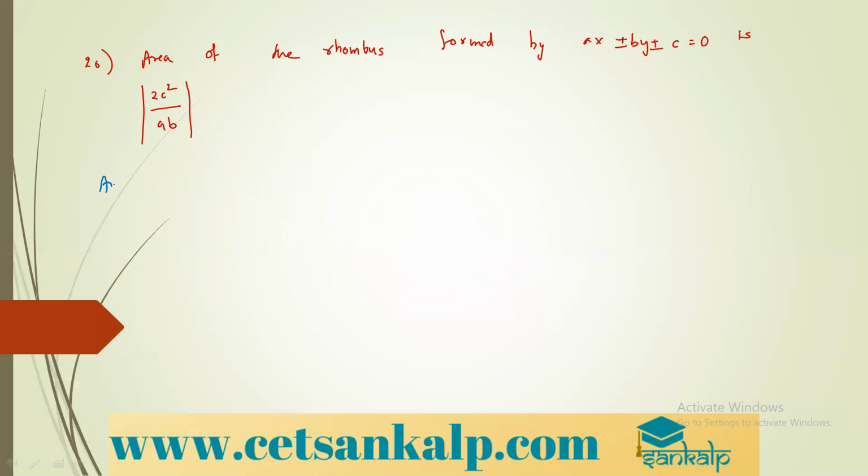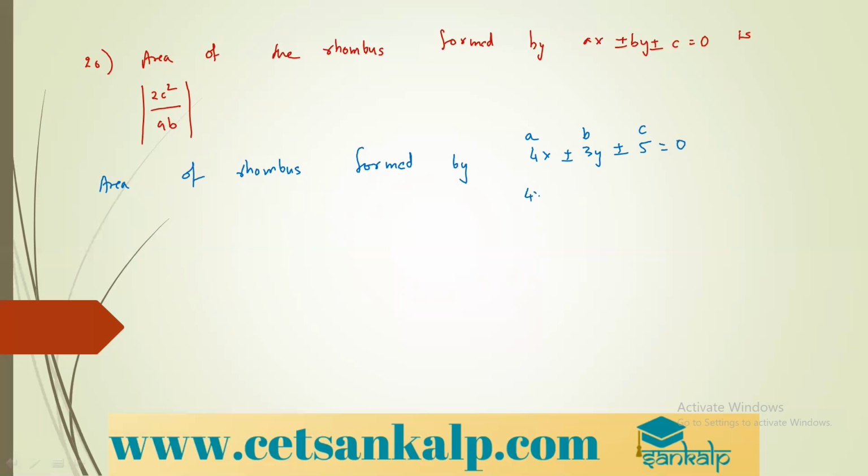So now in the question they are asking you area of rhombus, which is formed by 4 pair of lines, 4x plus or minus 3y plus or minus 5 equal to 0. Actually, total you will have 4 lines in which A is 4, B is 3, C is 5. Different combinations you have to take to get 4 lines.